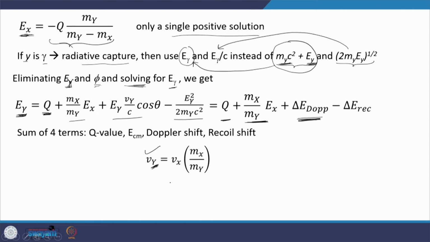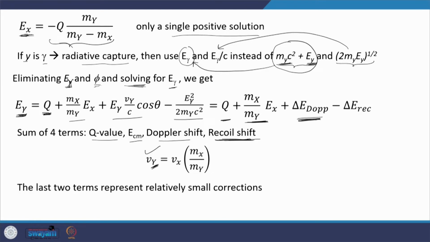So, because the recoil nucleus is moving with a velocity Vy, there will be Doppler shift in the gamma ray. Not only that, because of the shift in the energy of the recoil nucleus, one has to consider the recoil shift as well. So, the energy of the gamma in radiative capture is the sum of these 4 terms, all right.